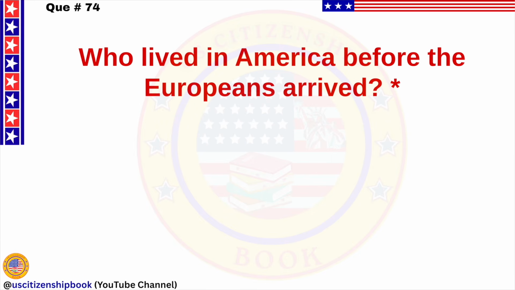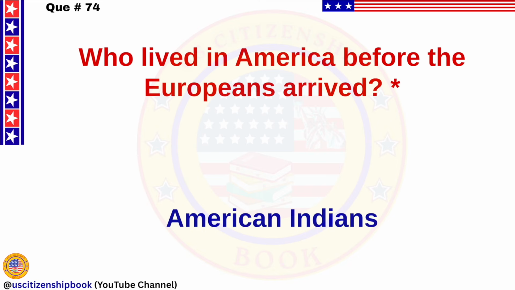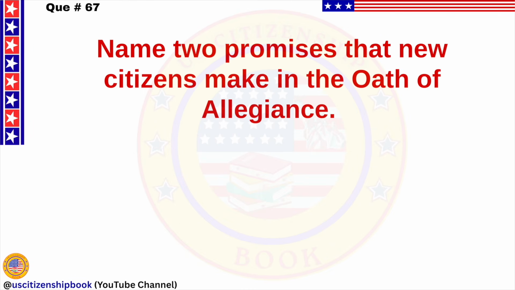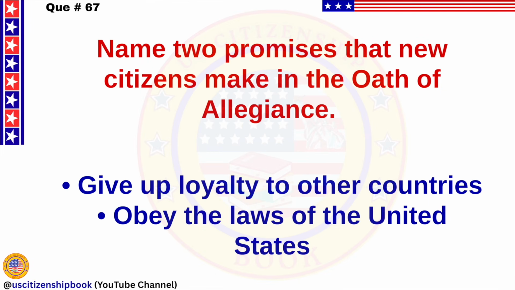Who lived in America before the Europeans arrived? American Indians. Name two promises that new citizens make in the oath of allegiance. Give up loyalty to other countries.